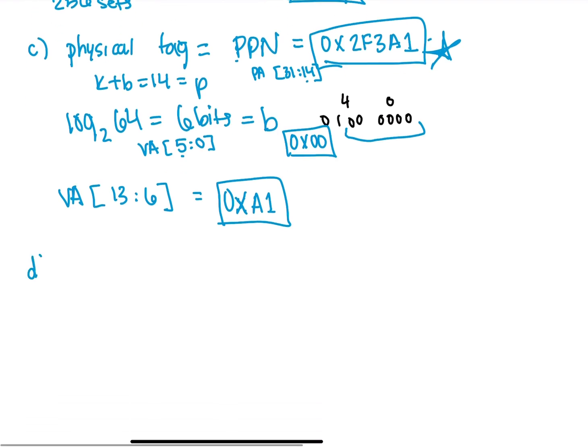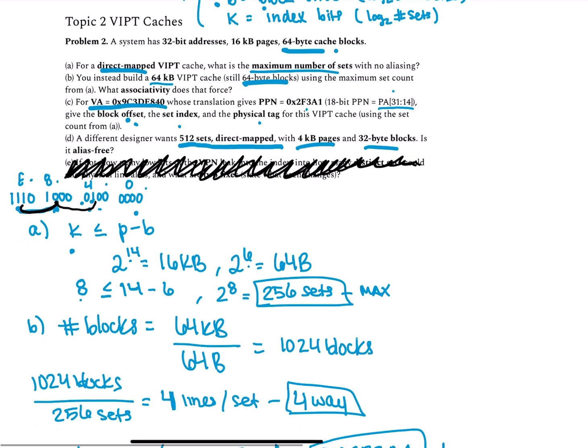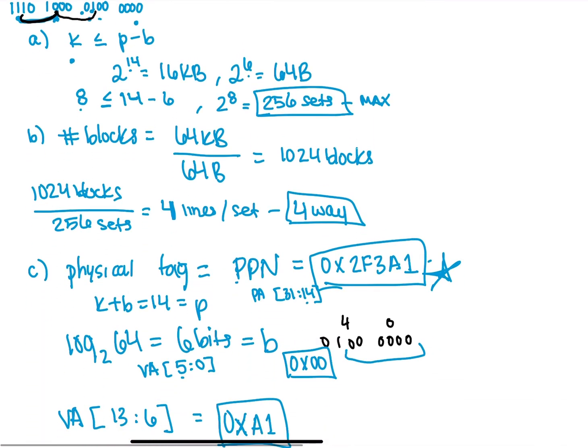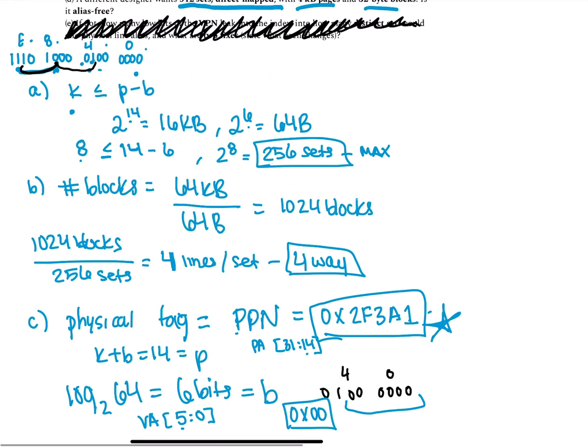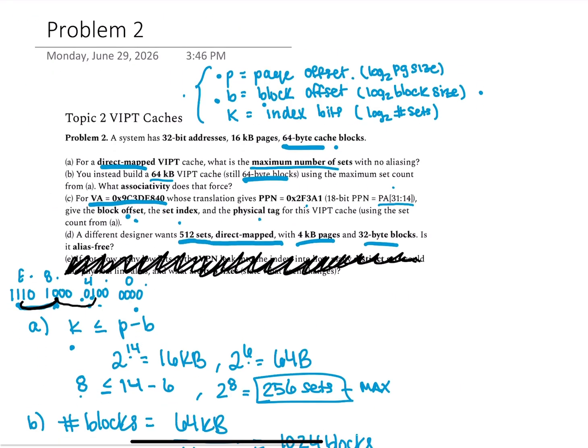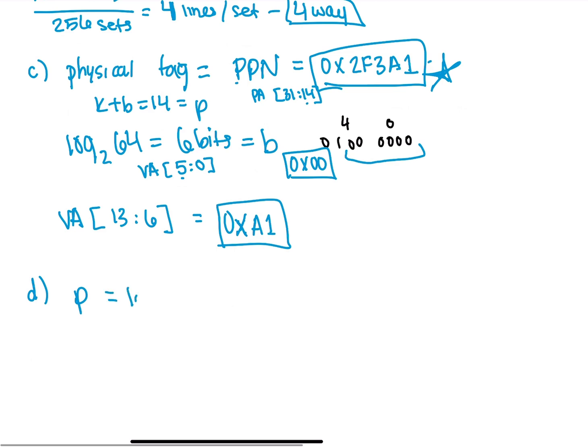So part D, a different designer wants 512 sets with this page in this box. Is it alias free? Let's calculate our P. P is page offset, log base 2 of page size, log base 2 of 4 kilobytes.